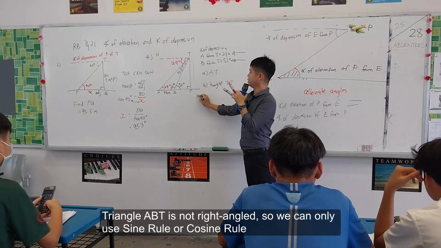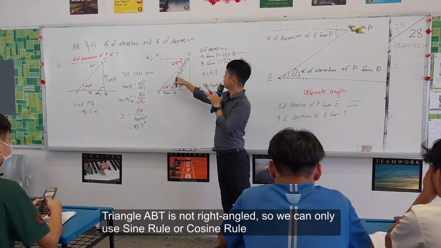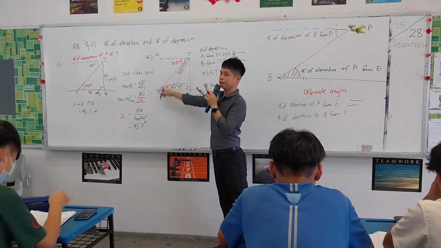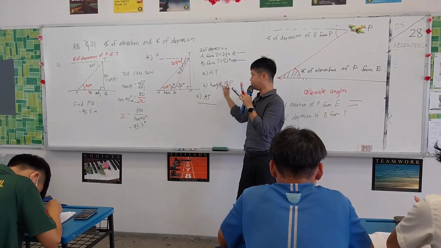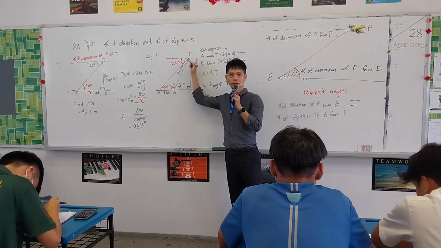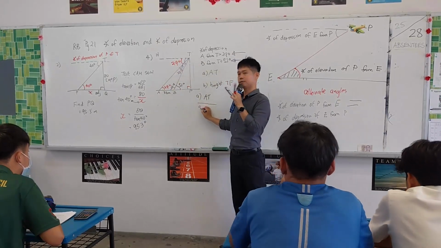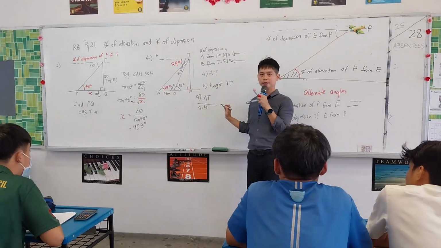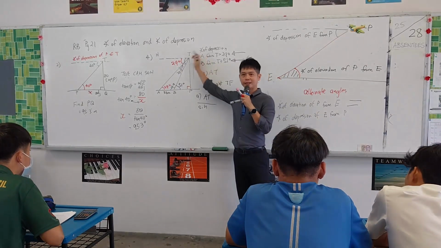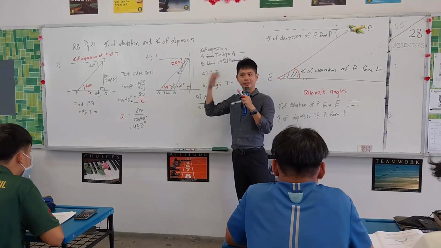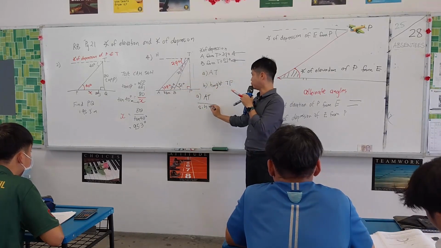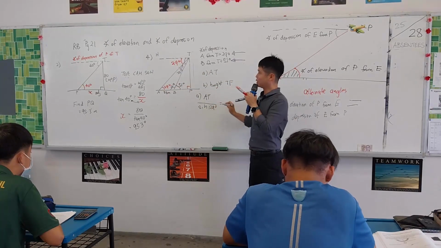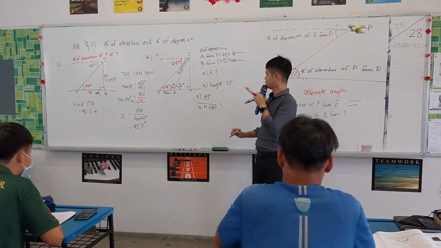So how to find AT? AT is down here. I give all the values already. So can you help me out here? AT over sine what angle? Which angle am I using? AT over sine, choose which angle? The opposite angle, 129, equals to 36.